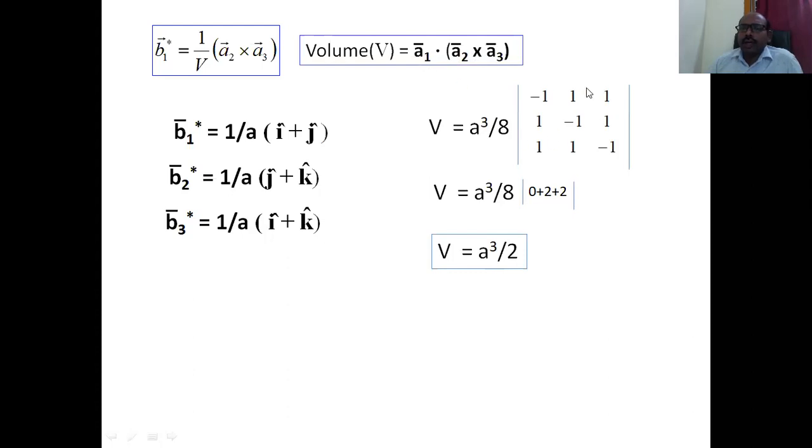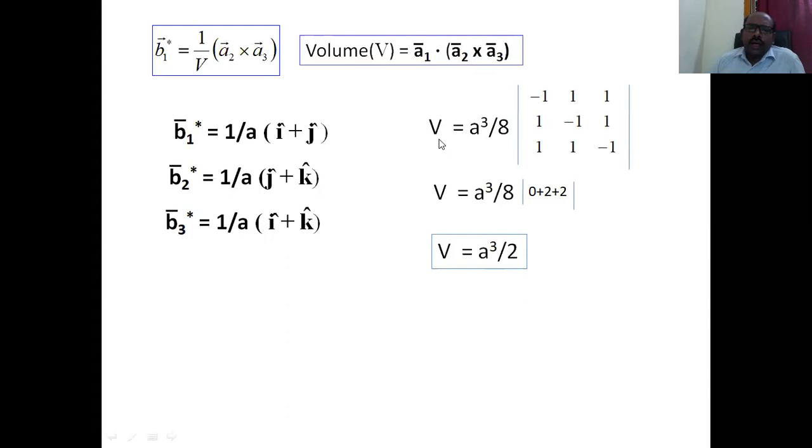We need not worry whether the determinant is in proper order or not. Whenever we take the cross product of two vectors, the order should be maintained, but this is a scalar product, all numericals only.